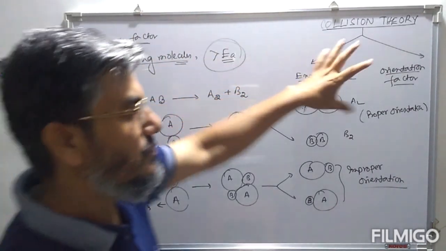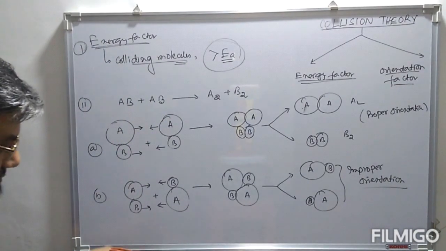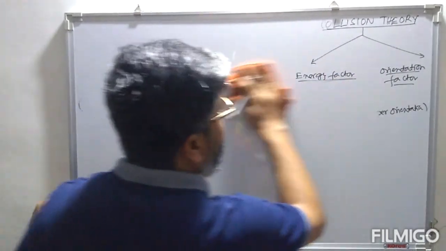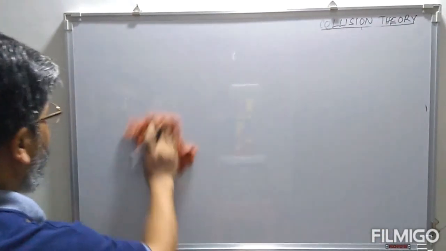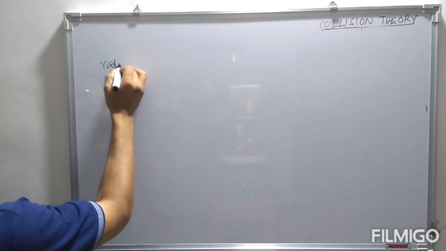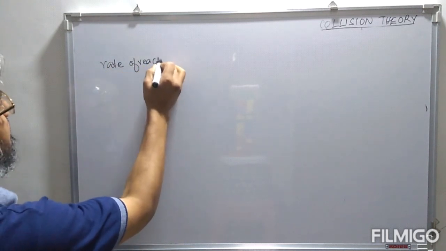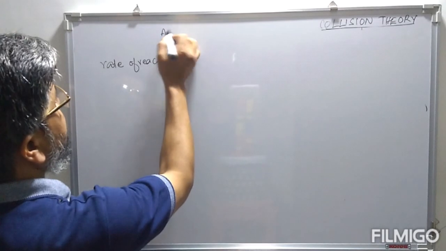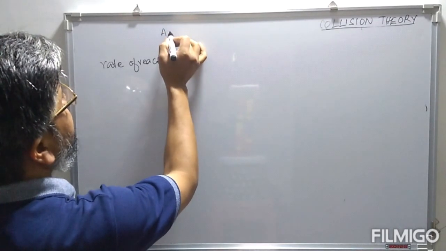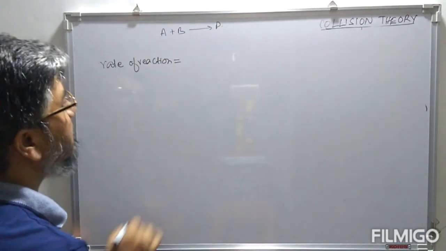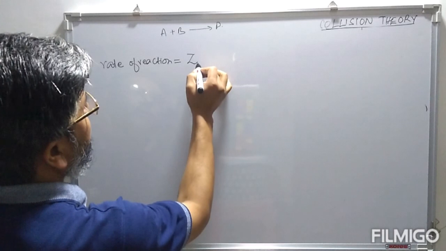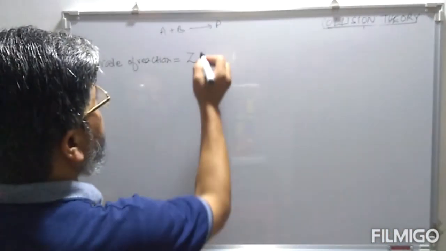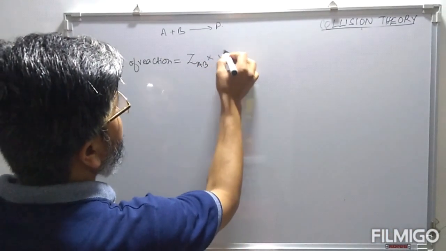So combining these two, the collision theory says rate of reaction is equals to, suppose we have this reaction A plus B giving you product P, then rate of reaction is equals to ZAB into fraction of molecules having energy greater than the minimum energy.